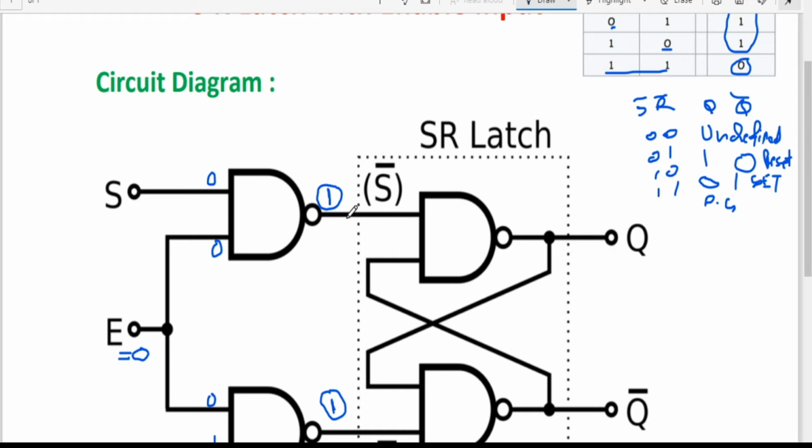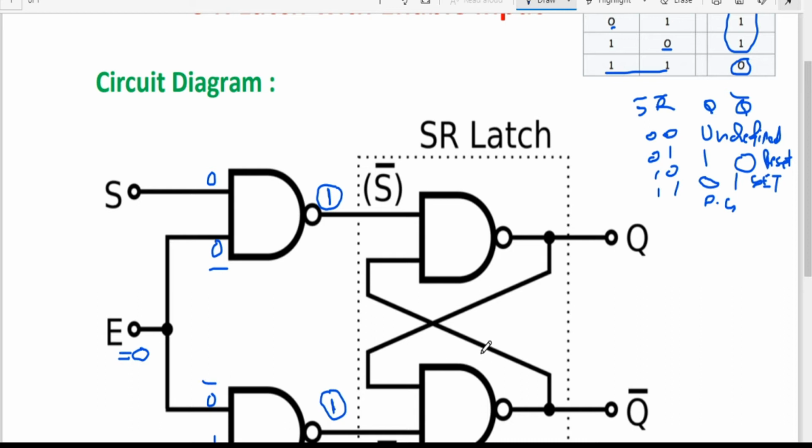So whenever we change the value of S and R, keeping the enable input as 0, irrespective of whether the values of S and R are 0 0, 0 1, or 1 0, the output of the NAND gate is going to be high. So for this SR latch, we always get a high input because the enable input is 0.